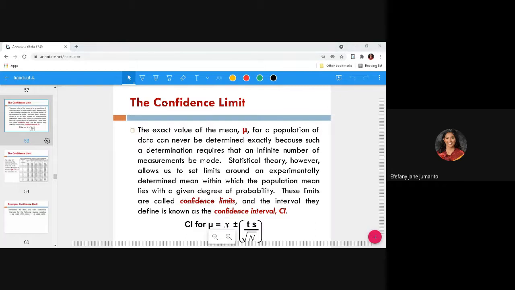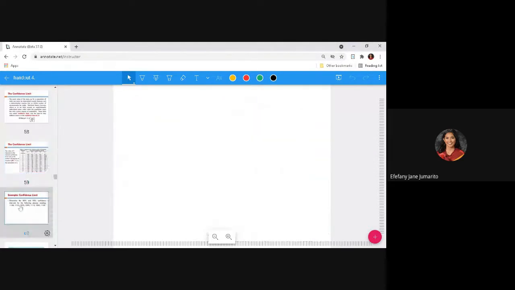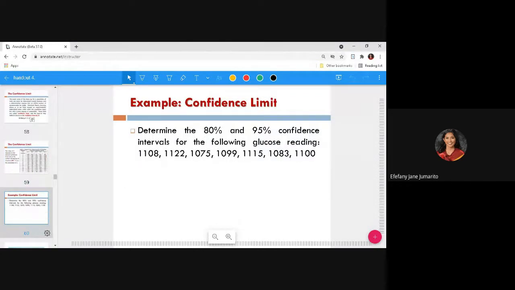Okay, so we have this. When we say confidence limit is how confident are you with your data?